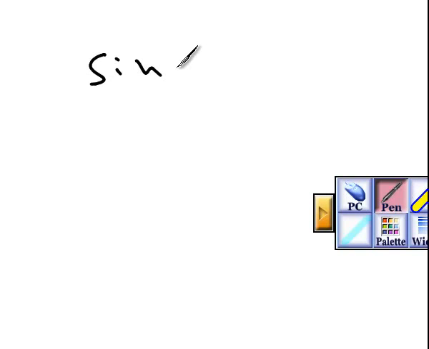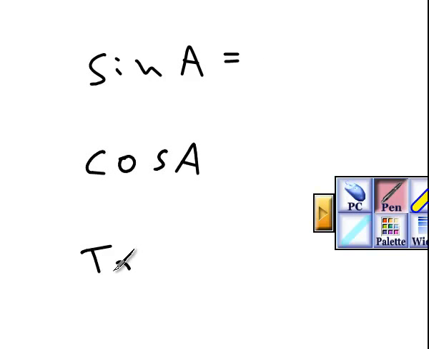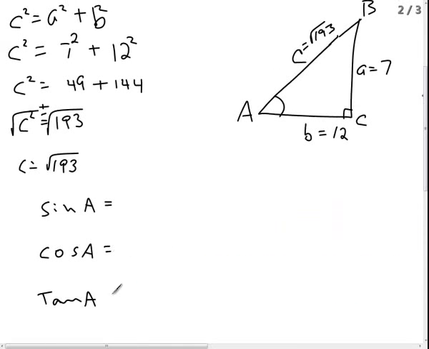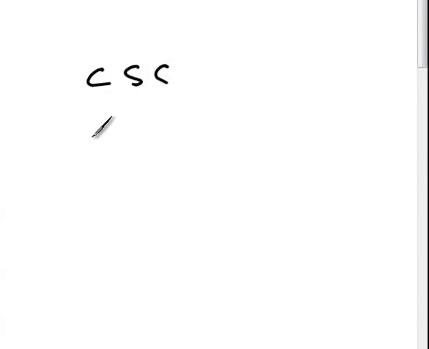So this would be sine for angle A, cosine, tangent, and then cosecant, secant, and cotangent.